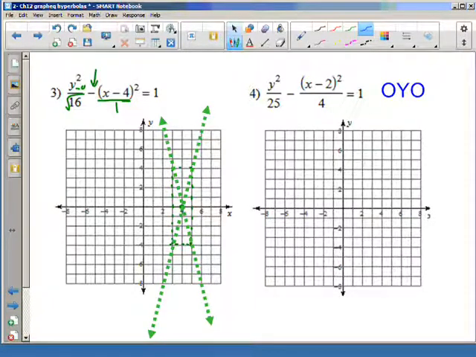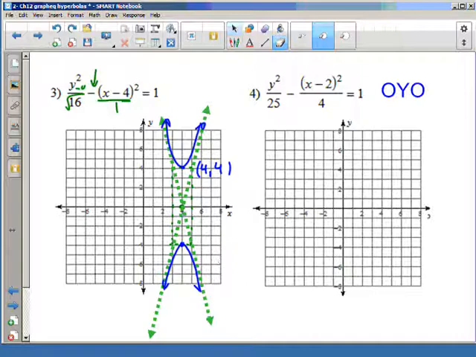So up 4, put that dot there, and then this graph is going to look a lot like a parabola we're used to seeing. And those are vertices, obviously. And so my vertices exist at 4, 4, and 4, -4. All right. Try this number 4 on your own.